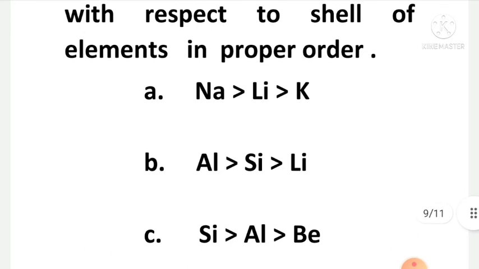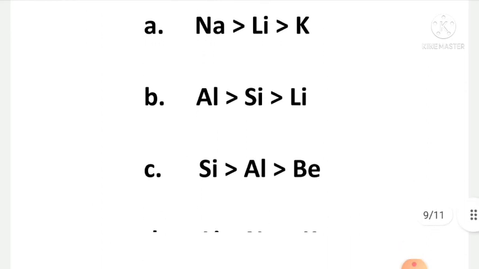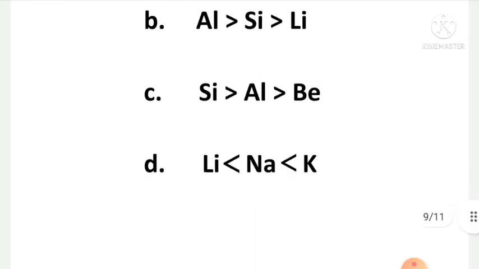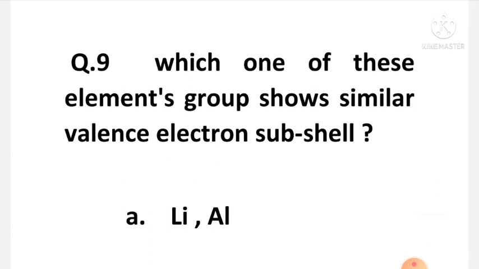B, aluminum is greater than silicon and silicon is greater than lithium. And C, silicon is greater than aluminum and aluminum is greater than beryllium. So first we have to find the cell by writing the electronic configuration. We know the cells K, L, M, N, and we have to determine them respectively and then find the correct answer.